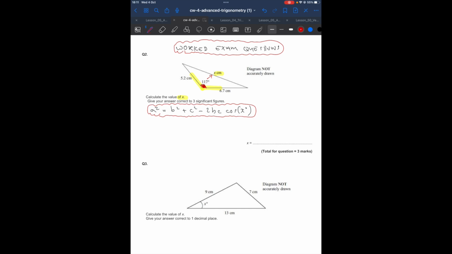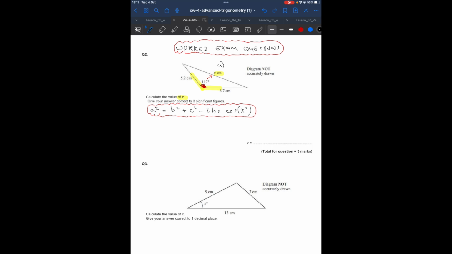Now, before we start to put numbers into this formula, we need to label the sides A, B, and C. Now, remembering from the lesson, the length which the angle looks at is always the length we call little a. So the x centimeters is opposite the 117 degree angle.